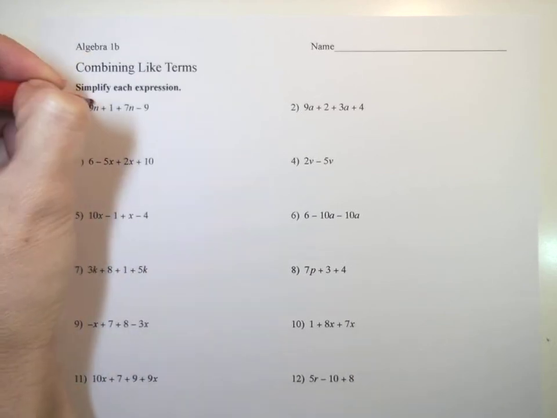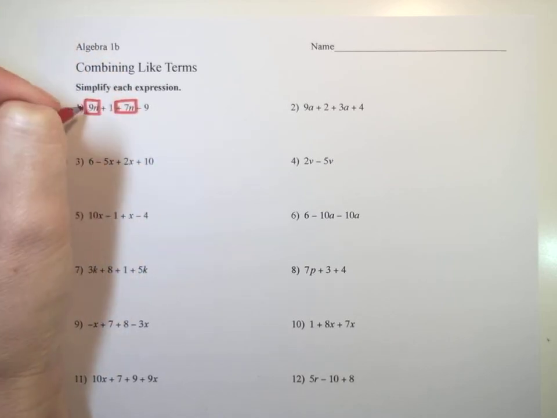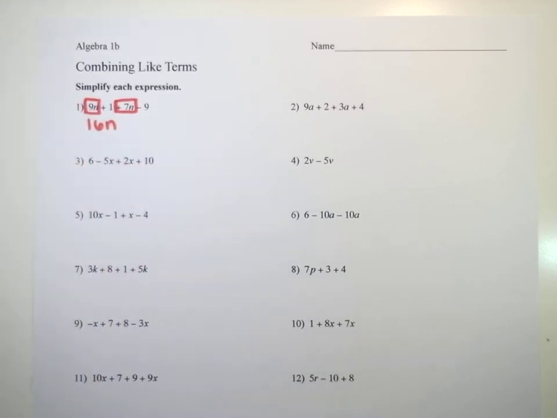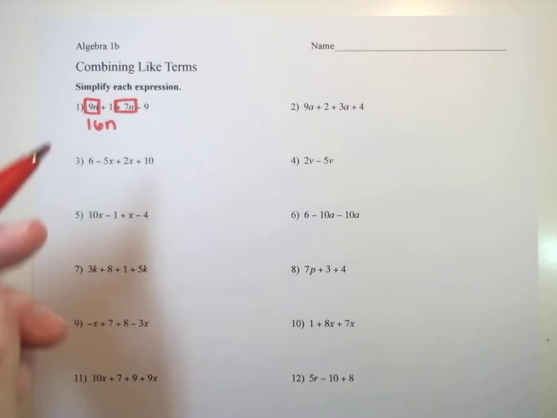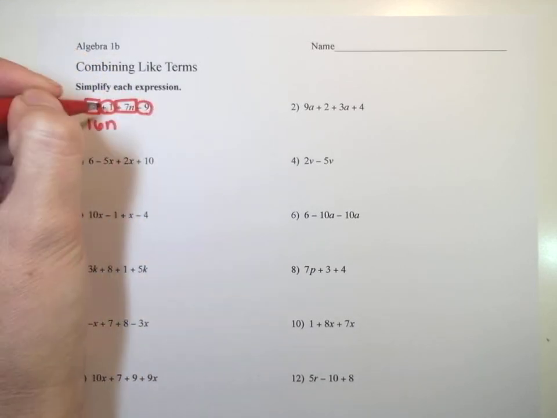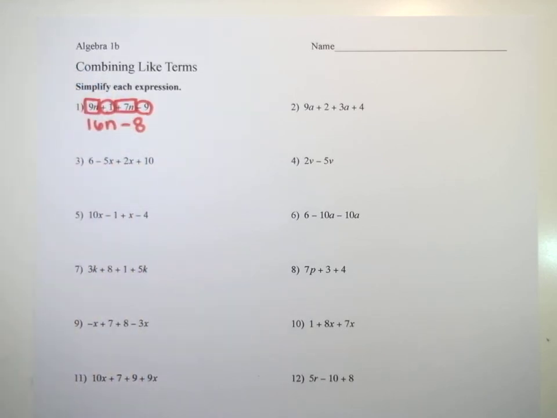So we have 9n and we have positive 7n. 9n plus 7n is 16n. And then we have positive 1 and negative 9, which is negative 8. And so our simplified answer is 16n minus 8.